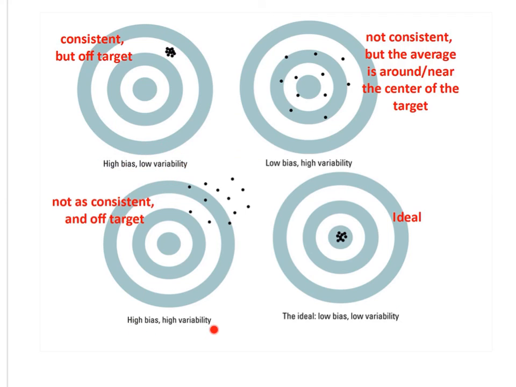High bias and high variability means I'm way off target and I'm super inconsistent. I got points all over the place. Low bias means I'm close to the center, but high variability means I'm pretty spread out. But my ideal is low bias and low variability, meaning my samples are really accurate and they're really consistent.